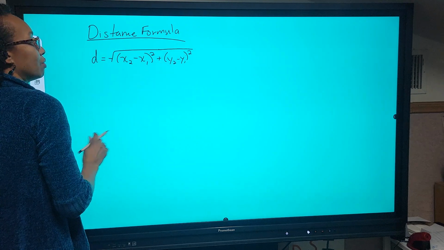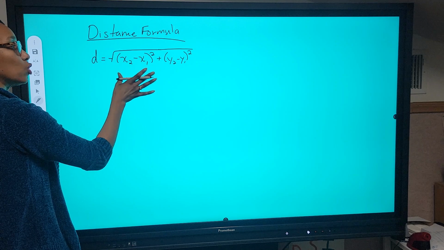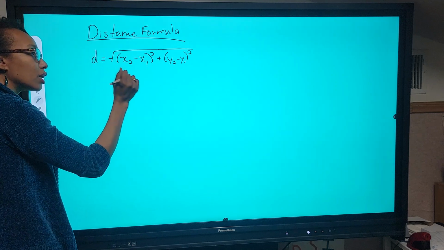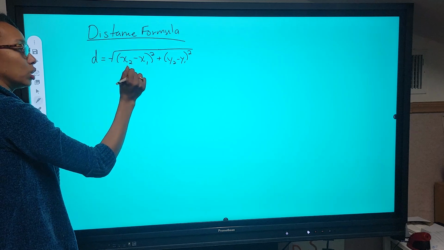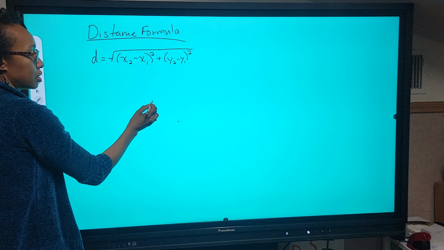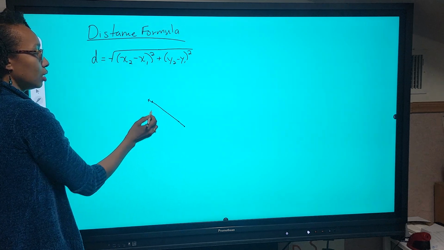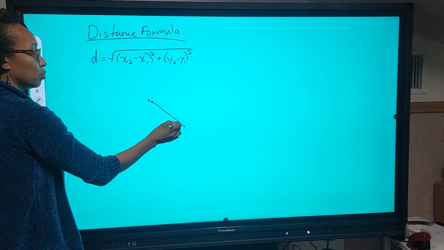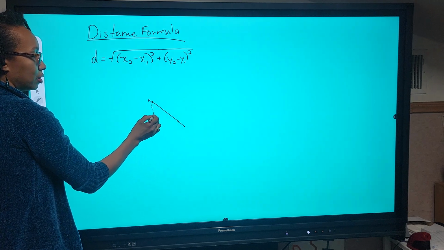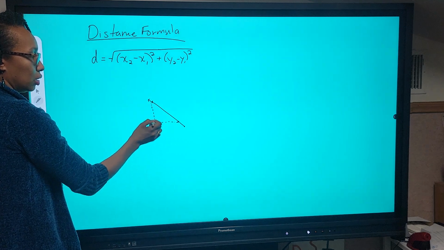And in your book, they'll explain a little more about how they came to this particular formula. It's similar to what we do with triangles when we're trying to find the distance between 2 points. If I've got a point here and a point here, I know this is the actual line that goes between them, right? But if I want to find the distance from this point to this point, I'm going to have to include the distance in this format.